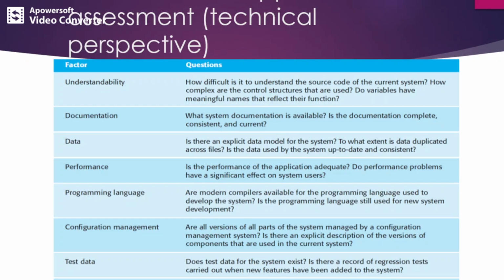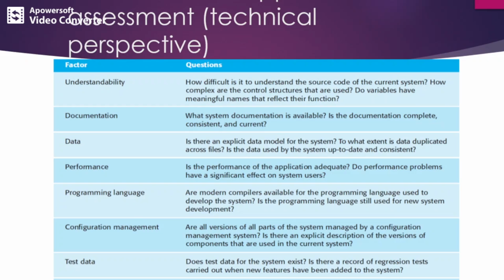So you need to see whether the test data is available for your system, and you have to maintain a record of regression tests. When should this regression test be carried out? Whenever a new feature has been implemented or a new increment has been developed. Okay, so that is the test data. You need to see first whether test data exists, and whether the record of regression tests is being maintained when new features or new increments are added.